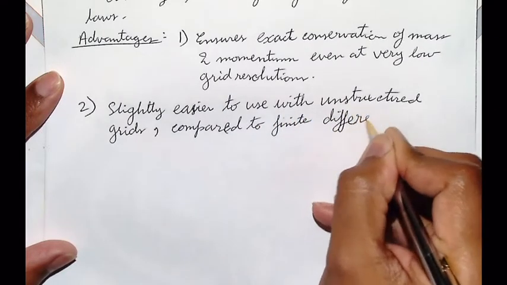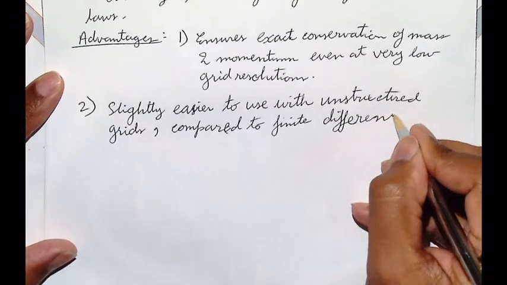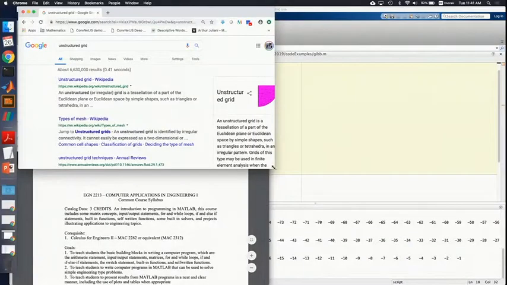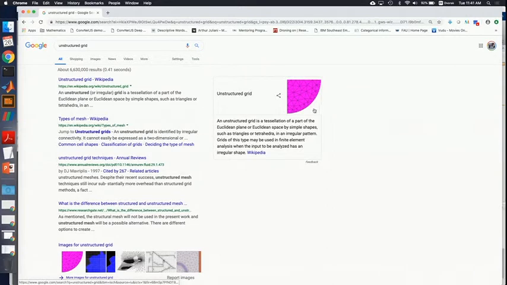And by unstructured grids, I mean, you can take a look at what they look like. Okay, so an unstructured mesh would be something that does not look like squares and rectangles anymore.